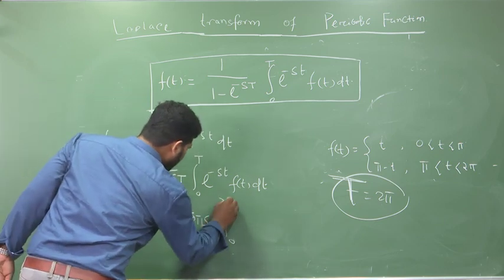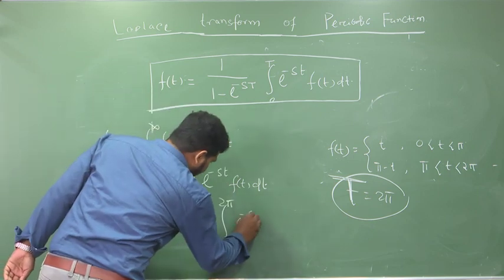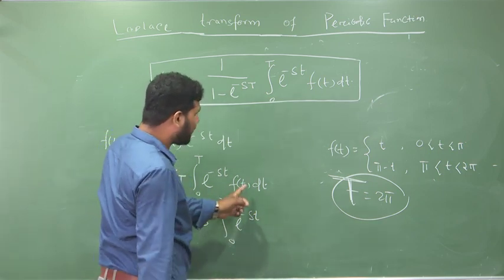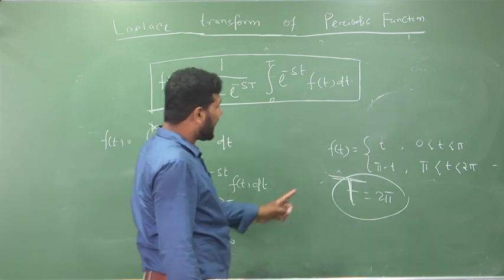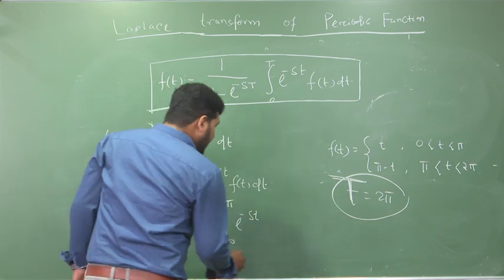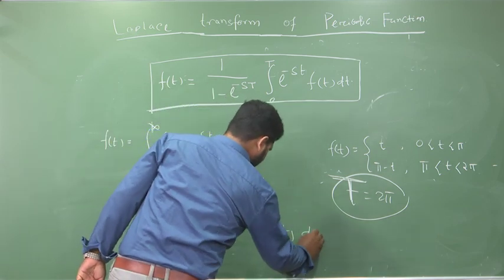Done this part. Then the integral from 0 to 2 pi of e power minus st f of t. F of t has two values, so we will write f of t as it is and replace it later.